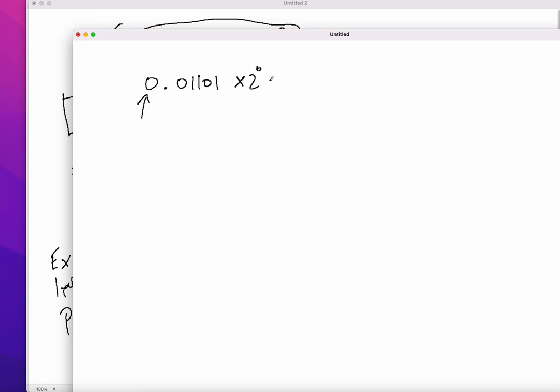Now what I need to do here is move the point, and that's equal to 0.0011101 times 2 to the minus 1. And that's equal to 0.01.101 times 2 to the minus 2.